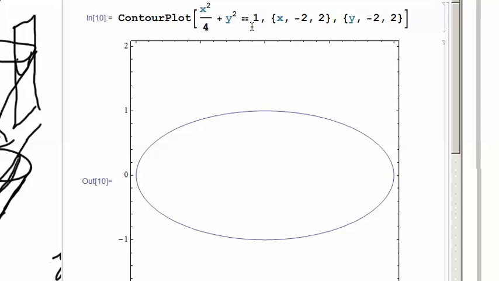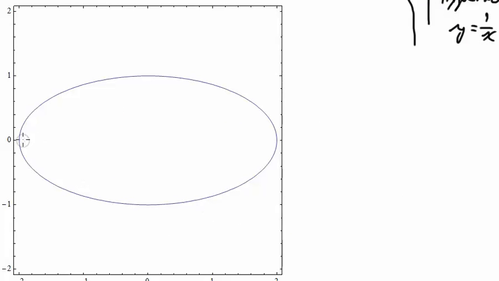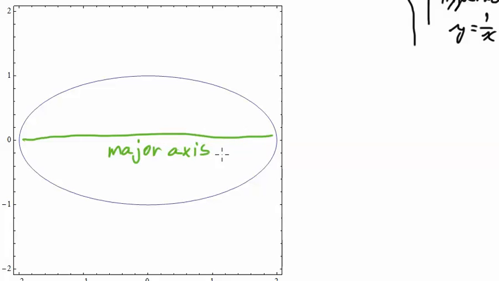Yeah, so now we have an ellipse with a major or longer axis of 2 units, and a minor axis of 1 unit, or is it 4?